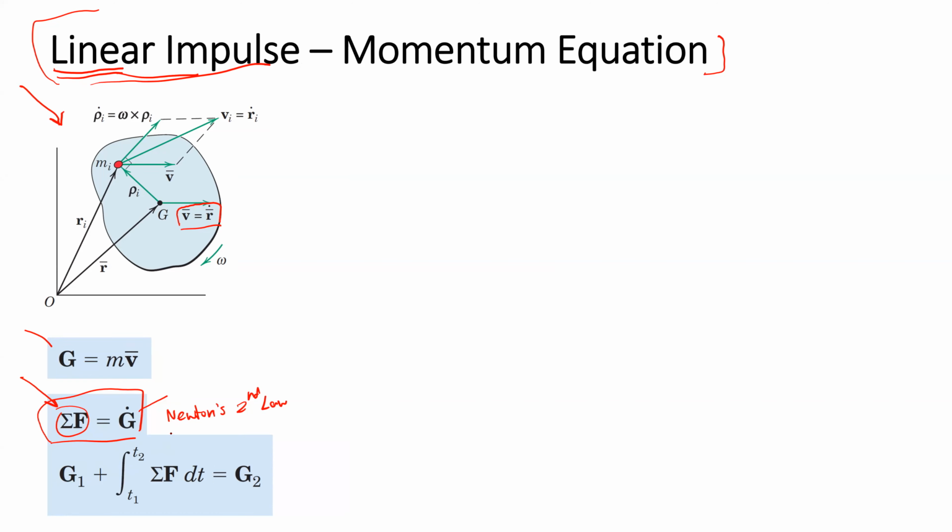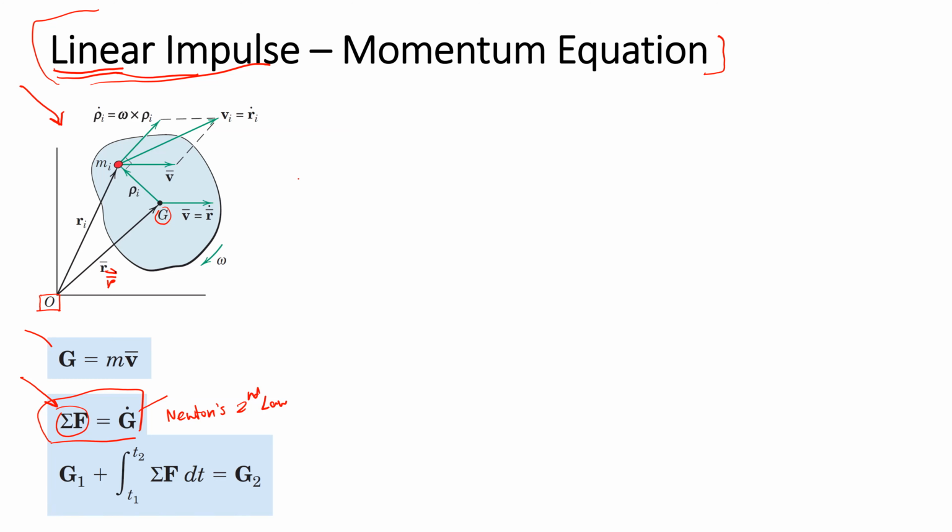This rigid body has its center of gravity at point G. With respect to the global frame's origin, we have the vector that describes the position of point G. G is the center of gravity.